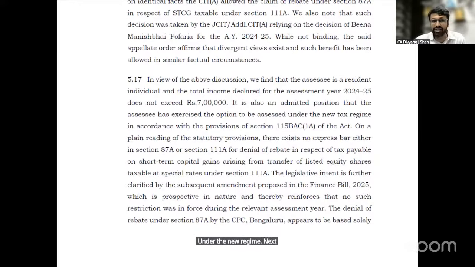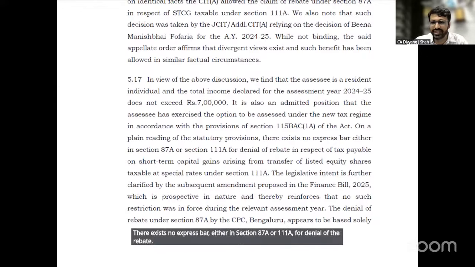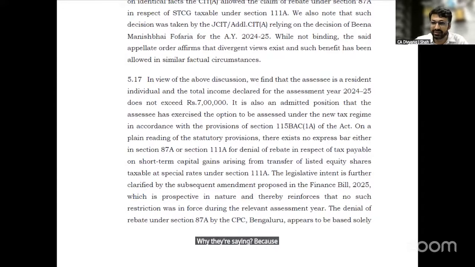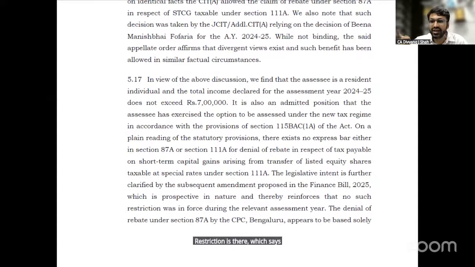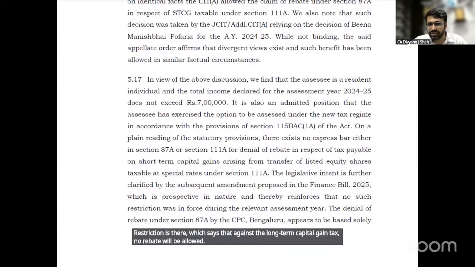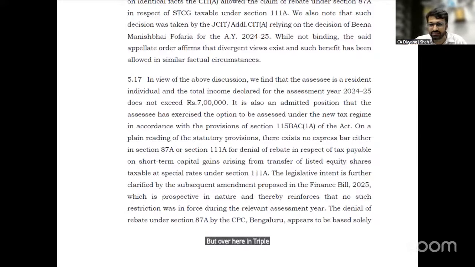Next, on a plain reading of the statutory provision, this is relevant, there exists no express bar either in section 87A or 111A for denial of the rebate. Why are they saying this? Because for long-term capital gain, under section 112 or 112A, there is a specific restriction which says that against the long-term capital gain tax, no rebate will be allowed. But over here, in 111A, there is no restriction.